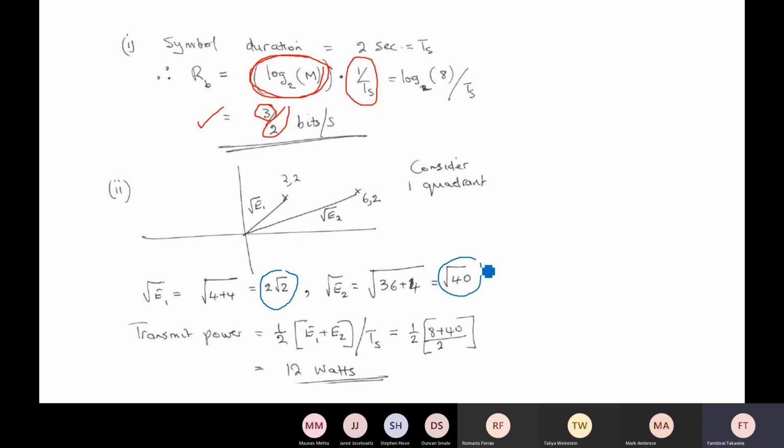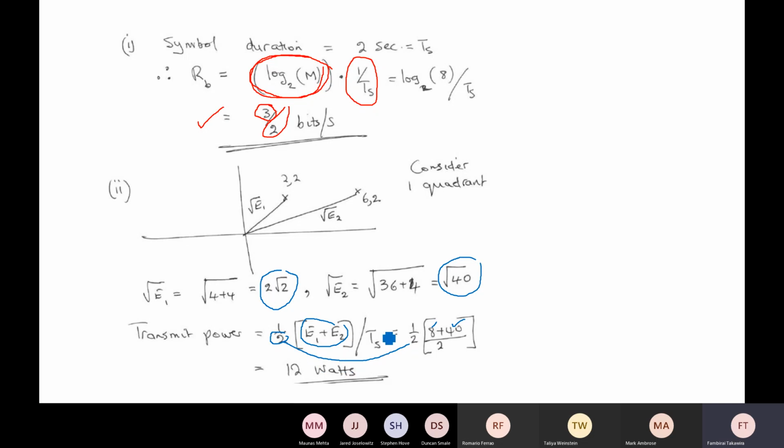Then the total energy is the energy of 1 plus the energy of 2, divided by 2 to get the average energy. The energy of 1 is going to be this squared, which is 8. And the energy of E2 is root 40 squared, which is 40. And then this 2 here is the 2 that we have here.